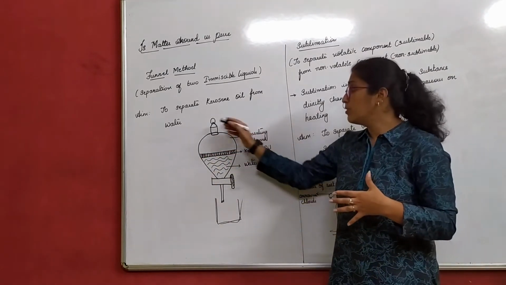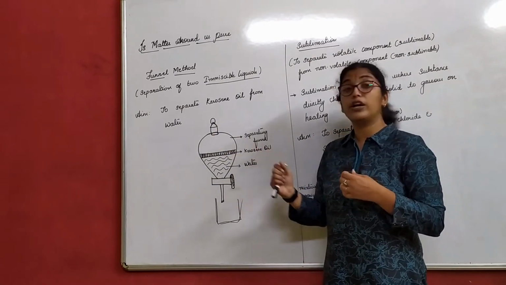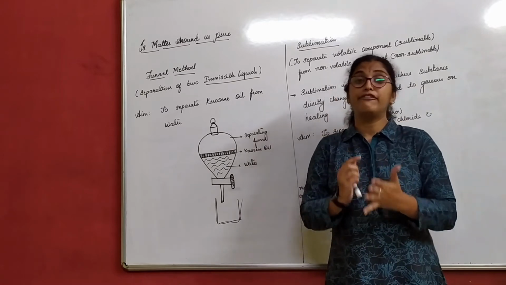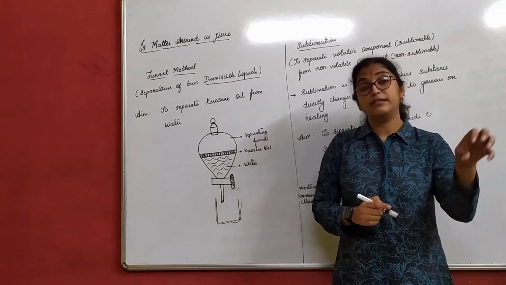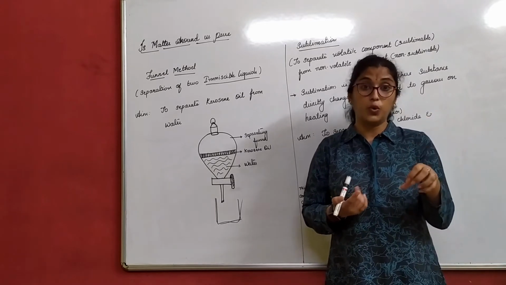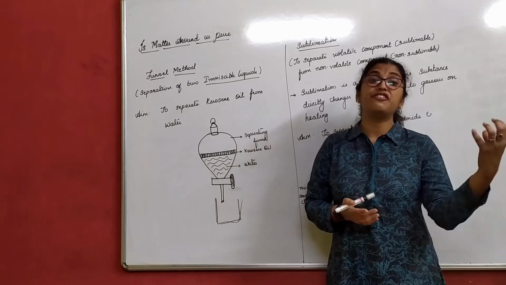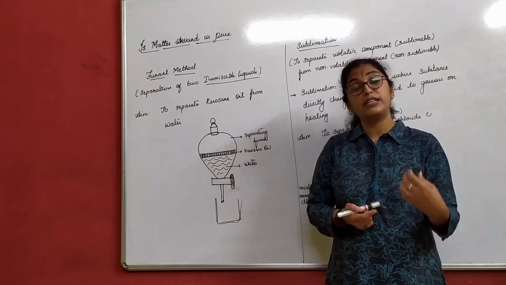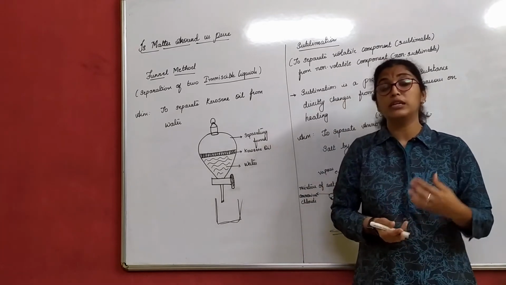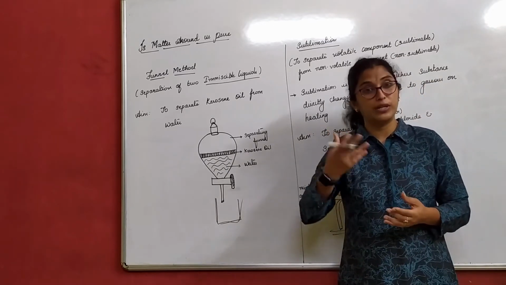Now this funnel method is just given here with the example of kerosene oil and water. But actually, the funnel method principle is used in industries where we extract iron from iron ore, which you study in your 10th standard, extraction of different metals from their ores. When we extract iron from iron ore, some molten slag is left behind. Now what is this slag? Impurities, right?